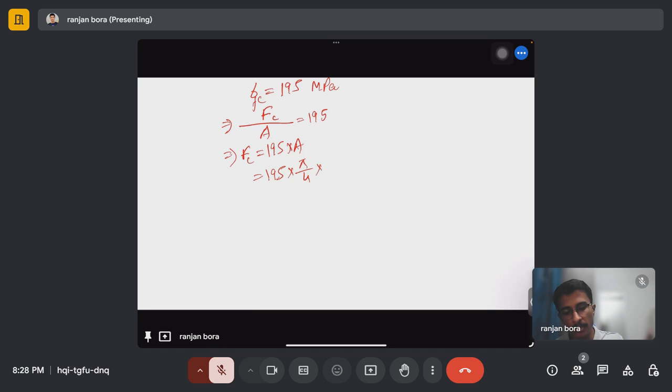Pi by 4, 3 square minus 1.2 square. It will be 1157.8 Newton.